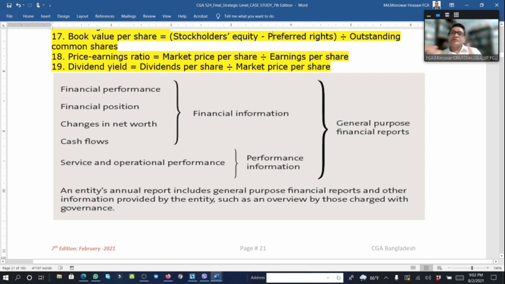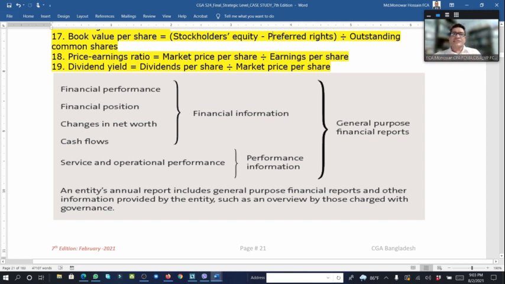So here, general purpose financial statement. What we are saying is financial performance, that means profit and loss; financial position, that means balance sheet; change of net worth, that means statement of equity; cash flow, etc. That is the financial information.